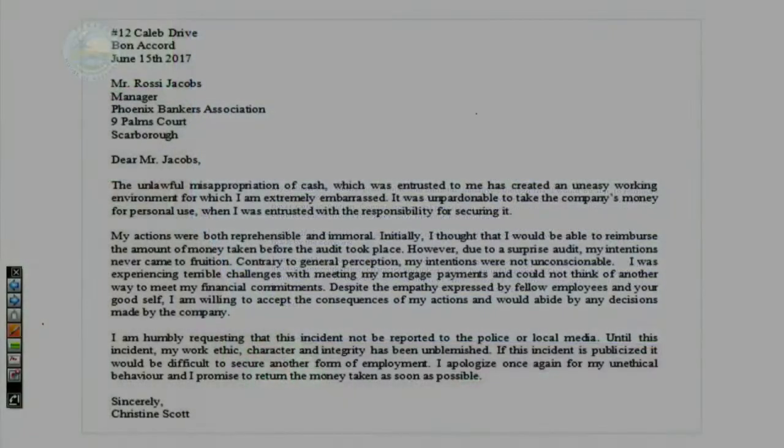So we have here our letter. And our letter starts off with the sender's address and date. Then again, we skip a line. We spoke about it before. You're seeing it here. Skip a line.